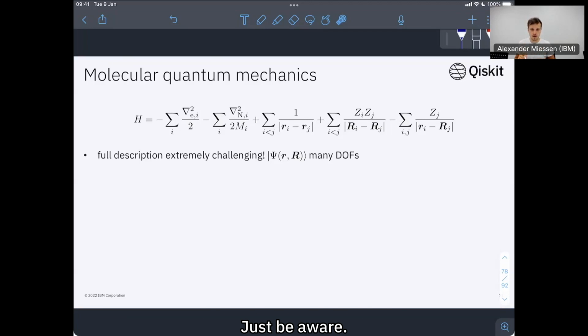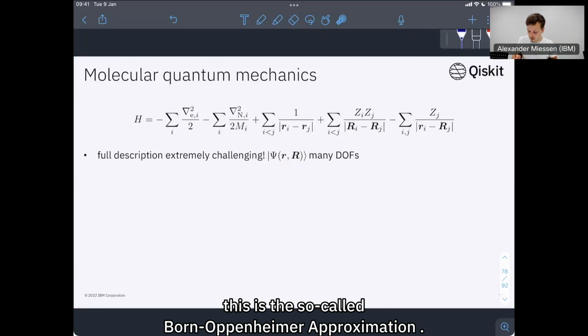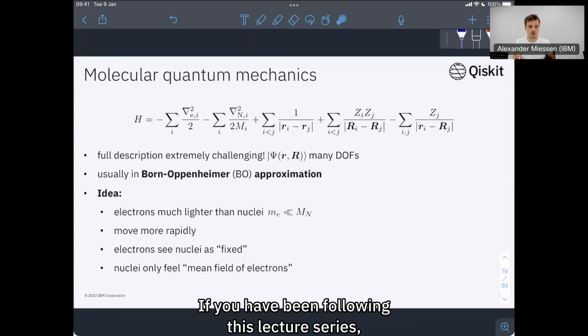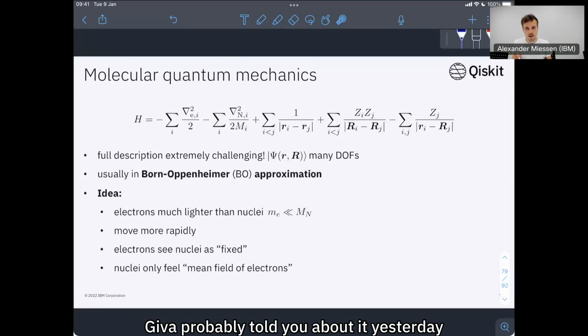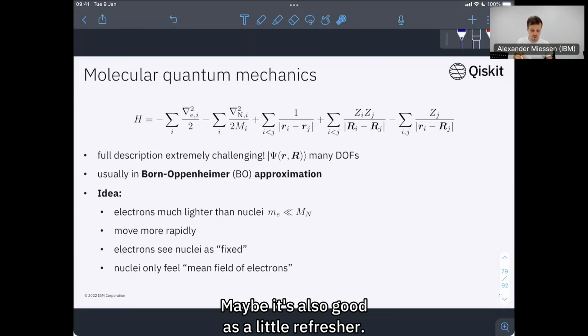Just be aware. So what's usually done in classical simulations to simplify this is the so-called Born-Oppenheimer approximation. And if you have been following this lecture series, Yeva probably told you about it yesterday in the previous lecture. But I will still go through it. Maybe it's also good as a little refresher.